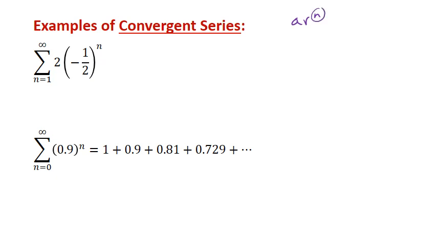Well, because I have some parentheses here, -1/2 is my base. So r is equal to the absolute value of -1/2, and this is equal to 1/2. This value is less than 1.